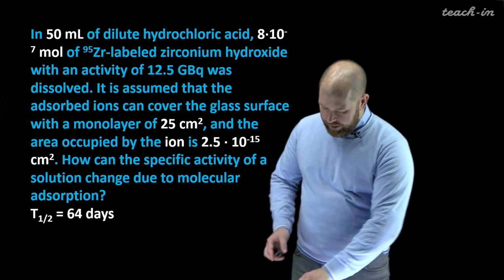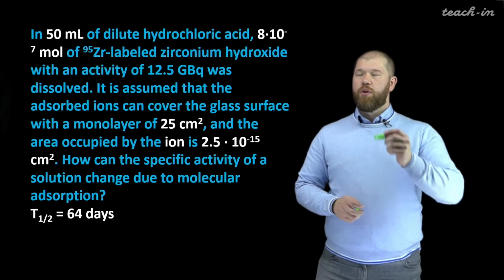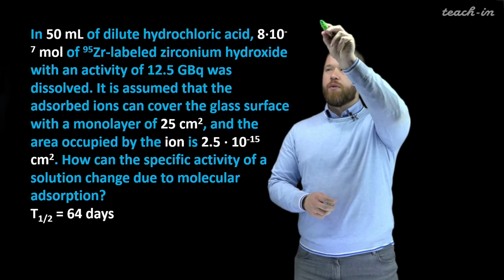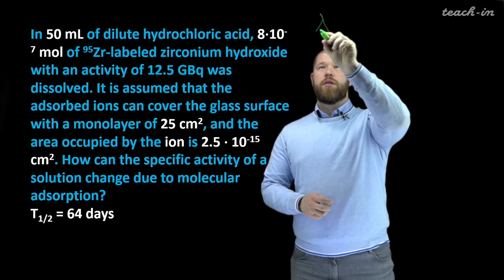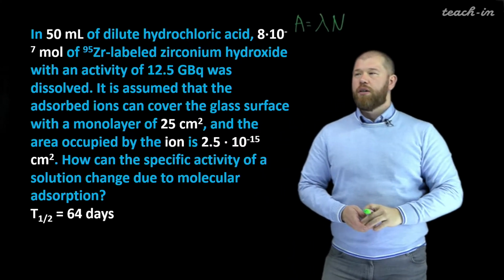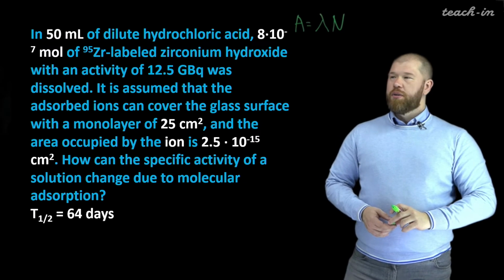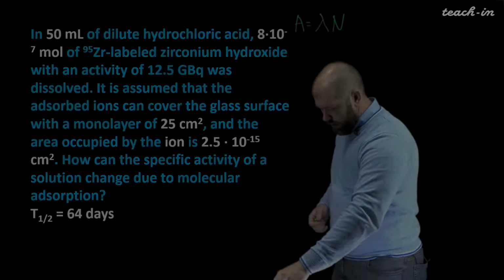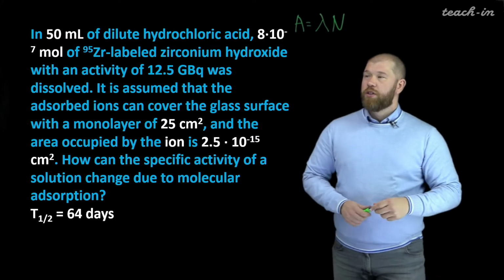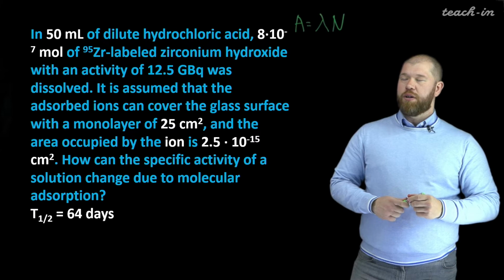To solve this task, of course, we will need to use the law of radioactive decay, written as activity equals lambda N. And we will see how the activity will change and what amount of zirconium will be absorbed.